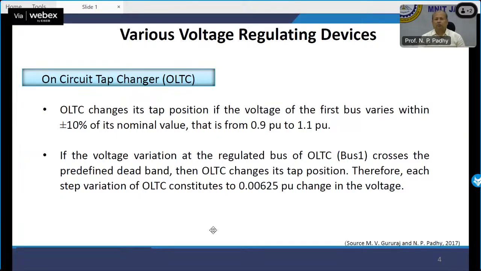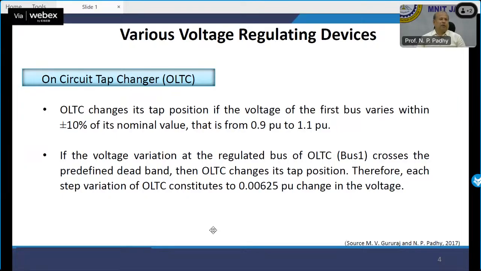So if you multiply 0.00625 by 16, how much is it giving you? 0.1? Yeah, it is giving you 0.1. So it can be positive or negative.